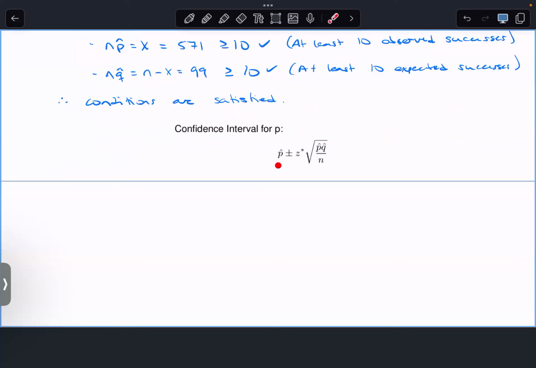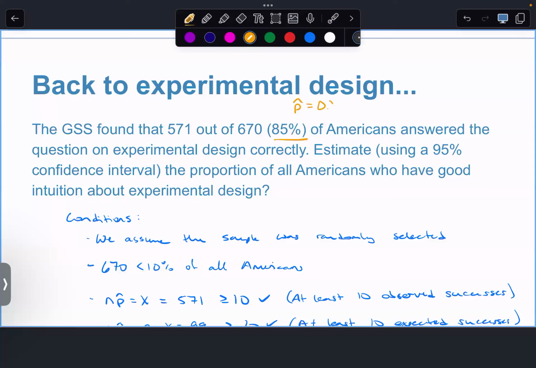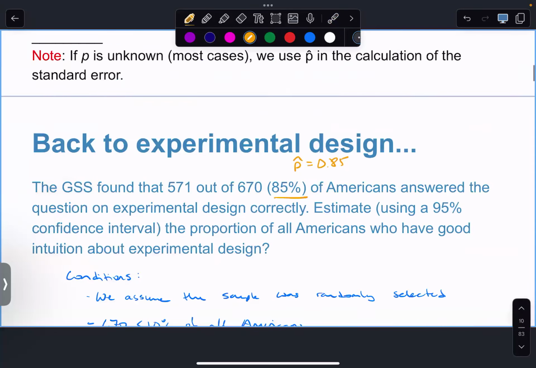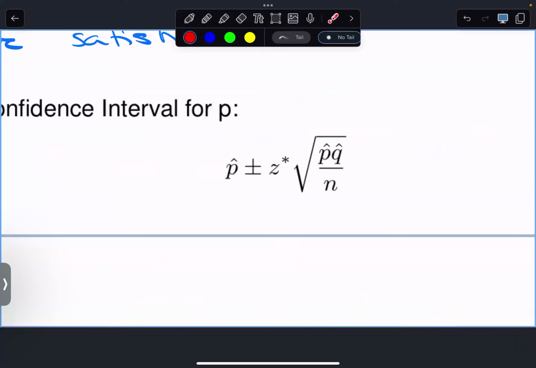I need my p hat. Now, we were told 85%, so I'm going to use p hat as 0.85. We can do the math and find that it's different, but because it's given here, I am going to say p hat is 0.85, even though it's technically 0.85 to whatever. So I need my p hat, which I have from the question.